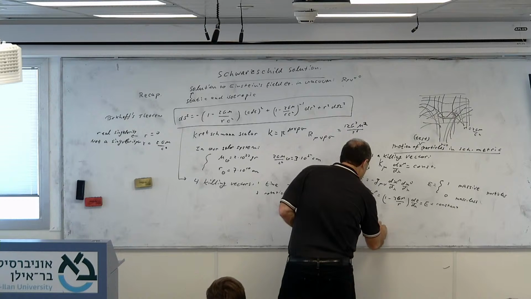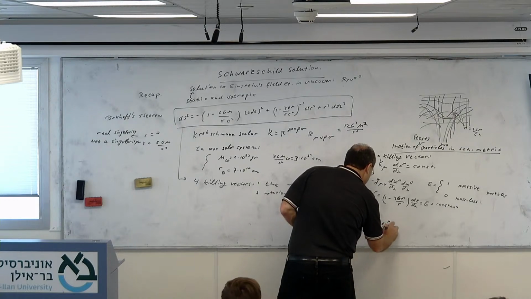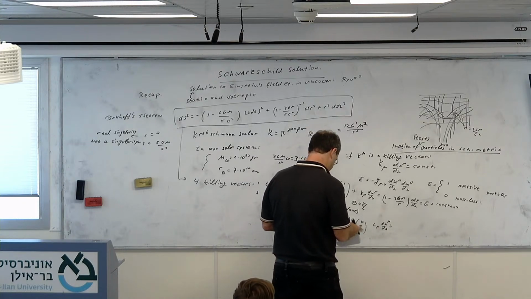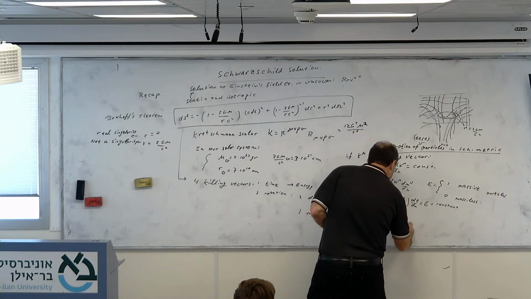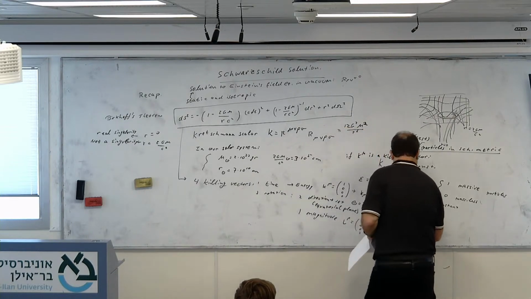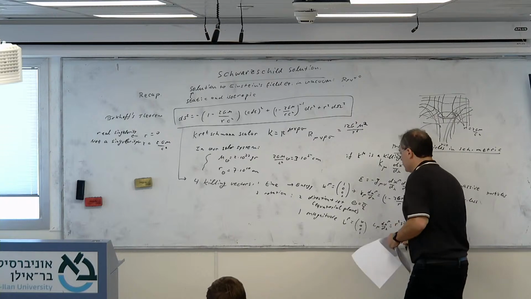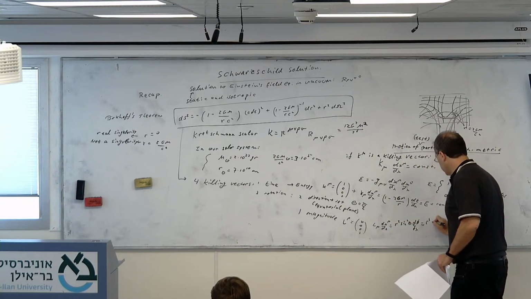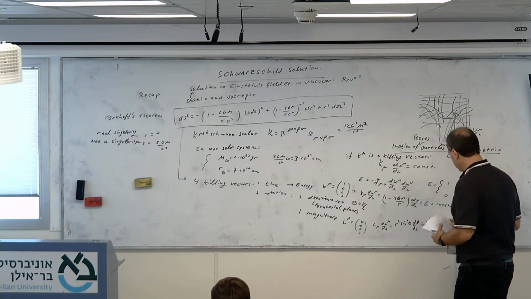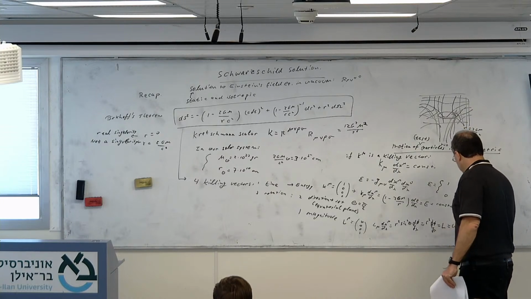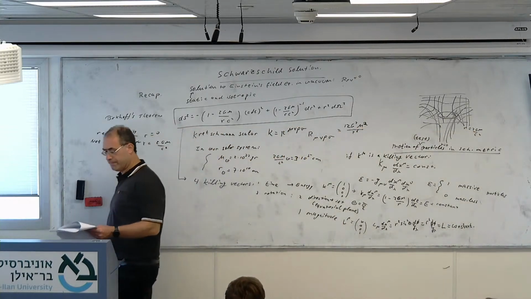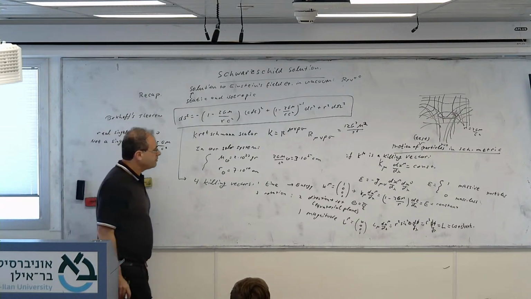And that means that L mu dx mu over d lambda is r squared sine squared theta d phi over d lambda. Since sine squared theta is just 1, this is just r squared d phi over d lambda, another constant of motion, which we call L. So not too bad.